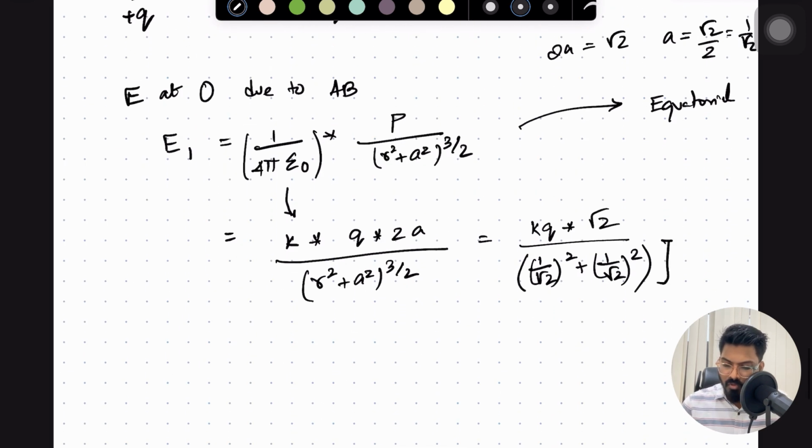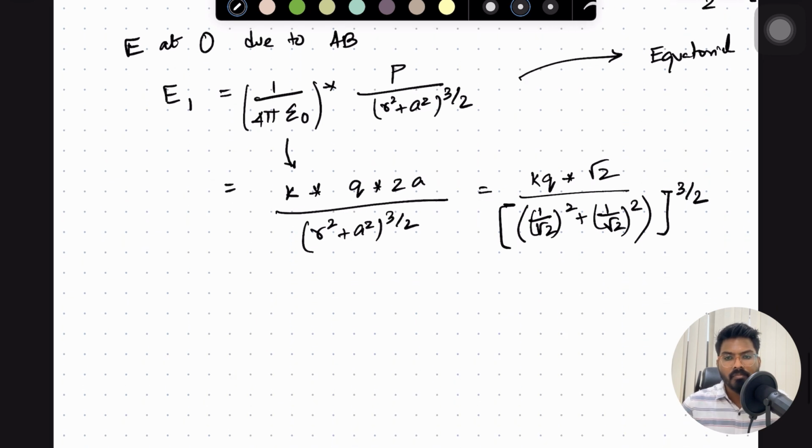So if you do 3 by 2 of this, we get E1 equals square root of 2 into KQ. This is the magnitude of the electric field at point O due to the first dipole.